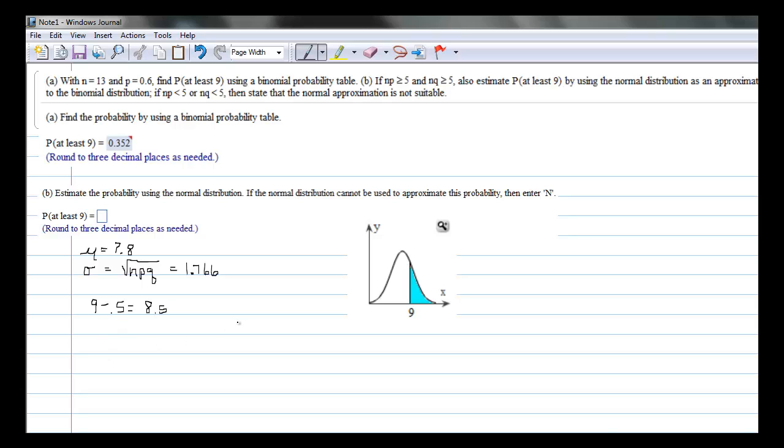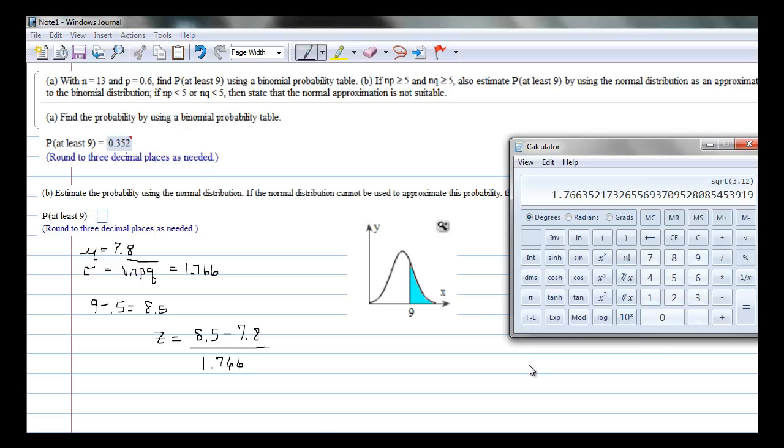And now we're going to calculate the z value. z equals the 8.5 minus the mean, which is 7.8, and then divided by the standard deviation, 1.766.